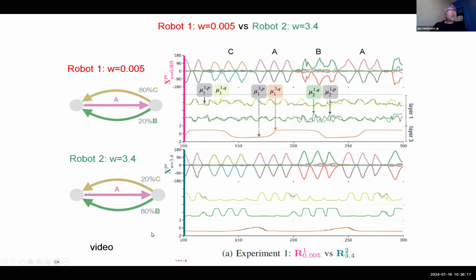On the other hand, if we set W larger, there is more constraint on the complexity term, so there is less gap. Also we see a time scale difference. This is the highest layer, and its random latent variable is changing much more slowly.